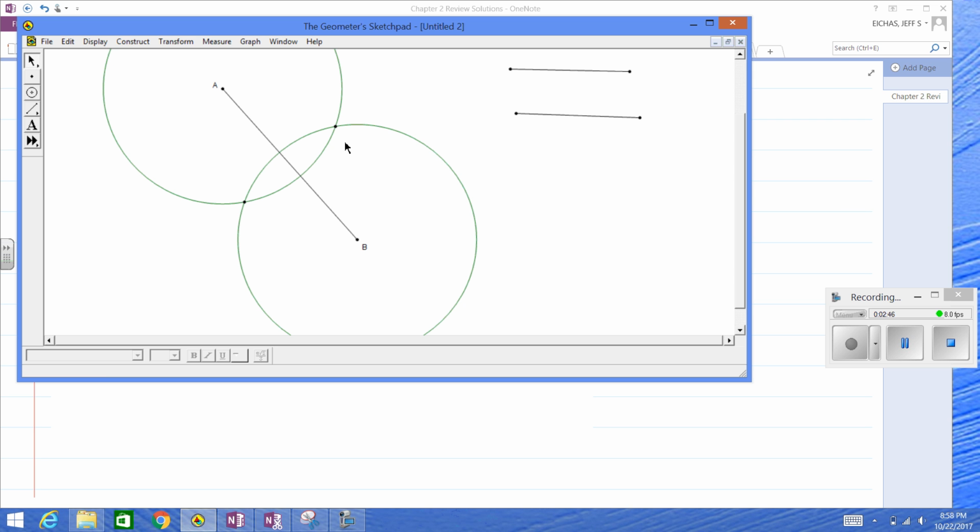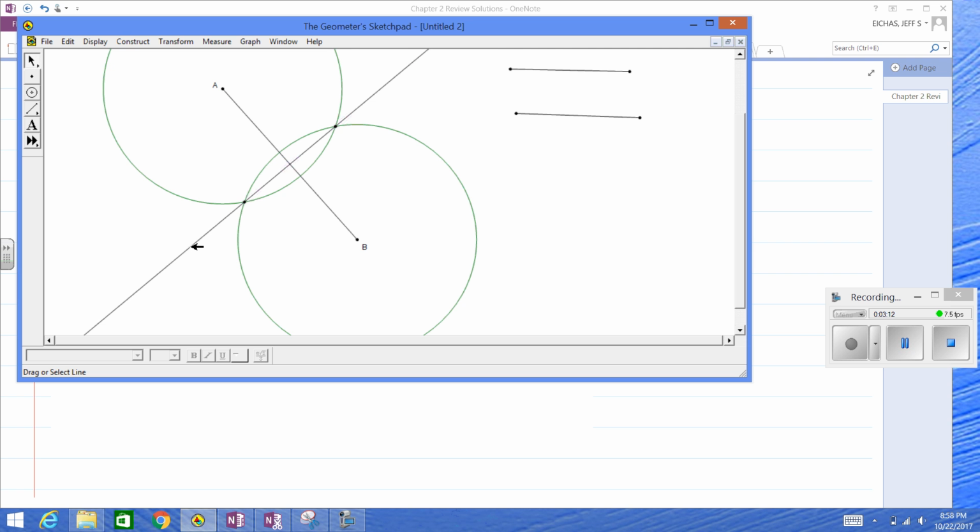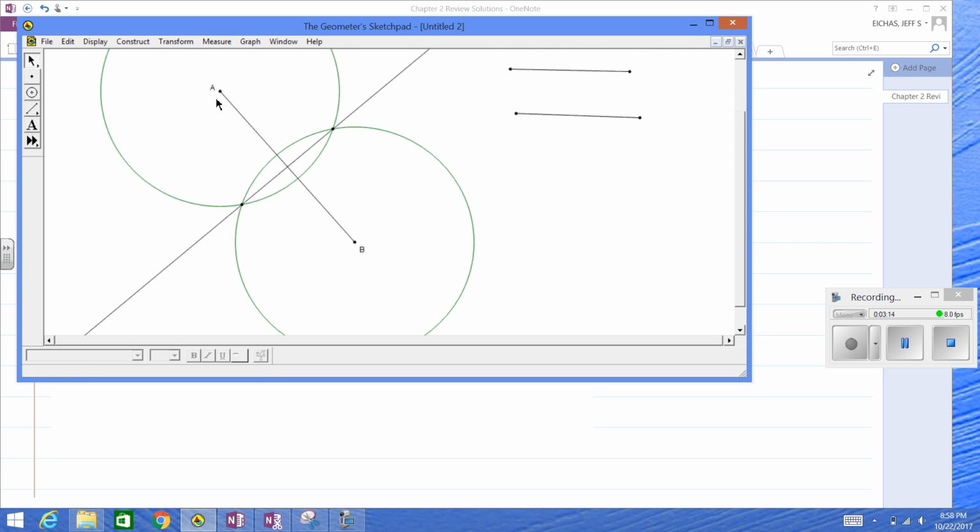Now the definition of perpendicular bisector is all the points that are the same distance from both of these two endpoints. All you need to establish a line is 2 points. We found 2 points right there and there. So those 2 points are the same distance from A and B. If I draw a line through those, that's all the points that are the same distance from A and B. So this ends up being your perpendicular bisector.